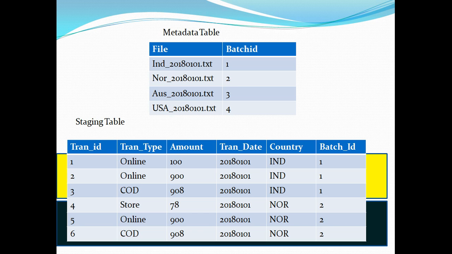Now this is how my staging table will look. So I have 3 transactions that happened in India. All those have the same batch ID, and since I have partitioned them, remember that in the background this is my segment or my partition. So my table is partitioned on batch ID. I have a list partition.